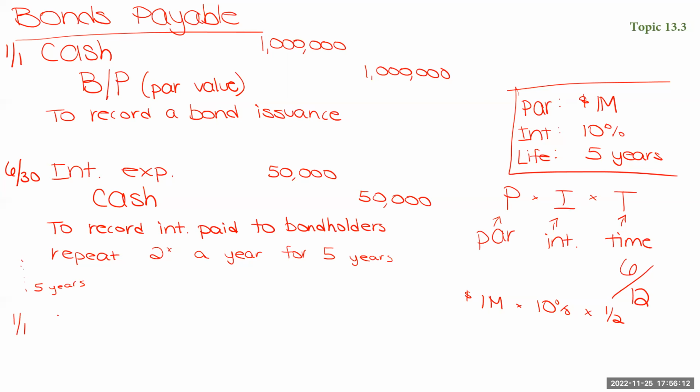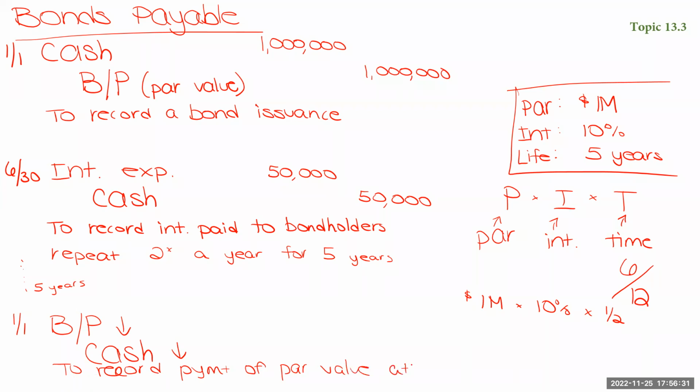Just think about when you pay off any liability. Decrease the liability by debiting it. Decrease your cash with a credit to record payments of par value at maturity date.